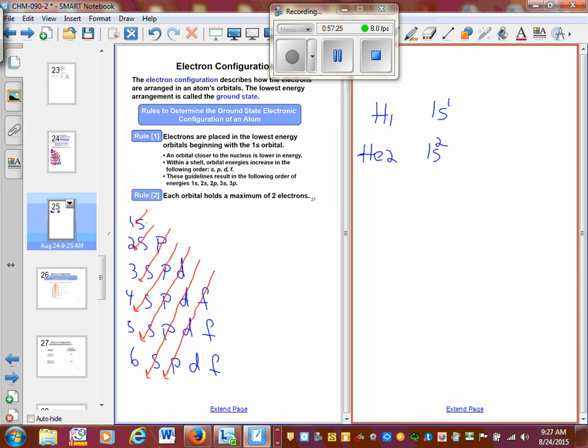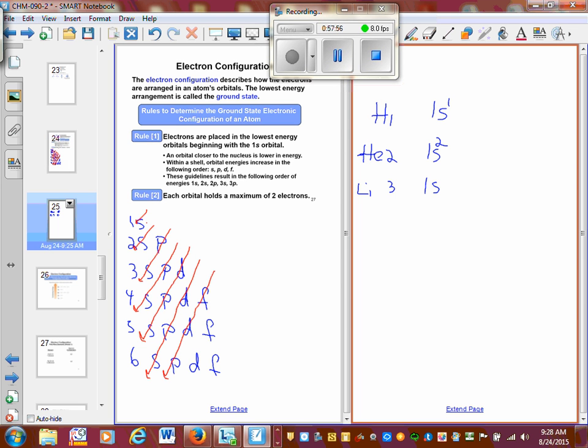Lithium. How many electrons? 3. We're going to start with 1. Subshell. How many electrons? No, can't put 3 in there. S can only hold 2. So I can only put what? 2. All right, the 1s box is full.